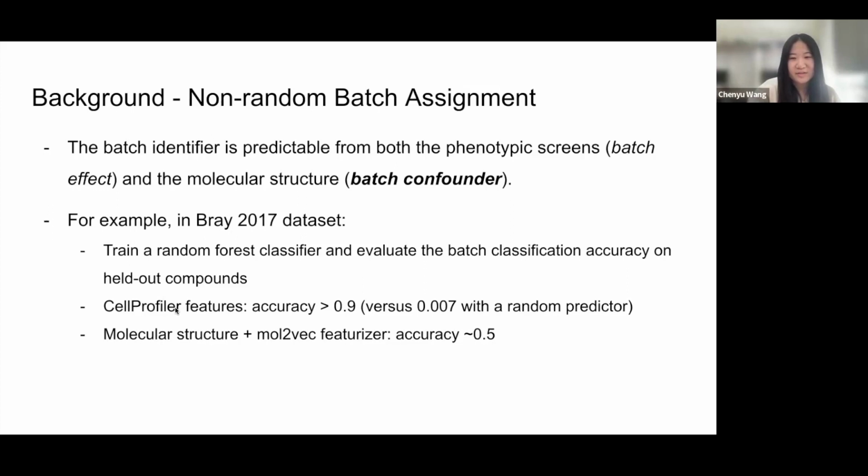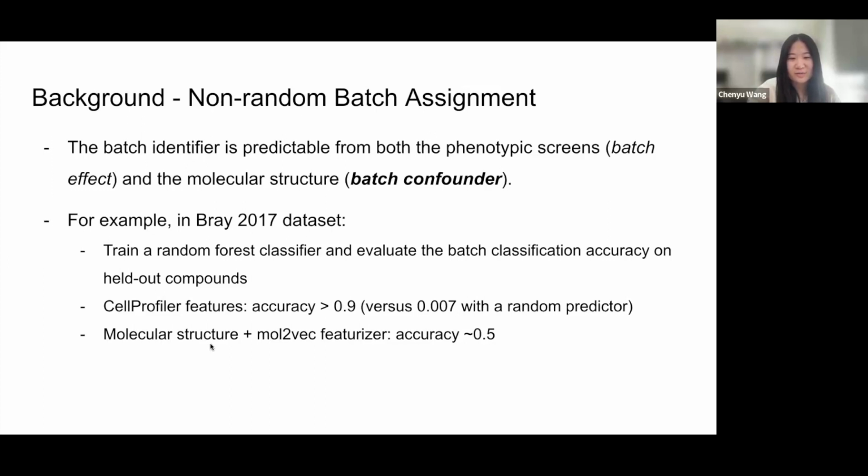For the CellProfiler features, which are some handcrafted features of the image, we can see that the accuracy to predict the batch ID is over 0.9, versus less than 0.1 for a random predictor. So it means that the batch effect is significant in the data.